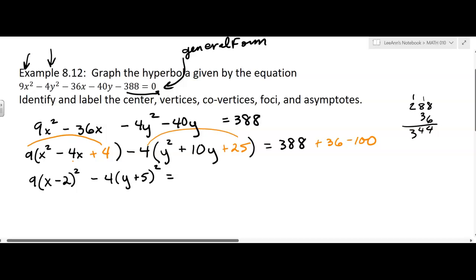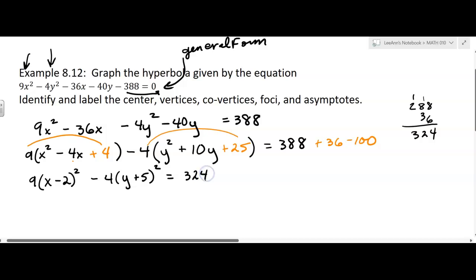I wonder what 344 is. Well, we'll put it here. Okay, wait a minute. It's not 344. It's 324. I just can't add. 324. Okay, so let's put that there.